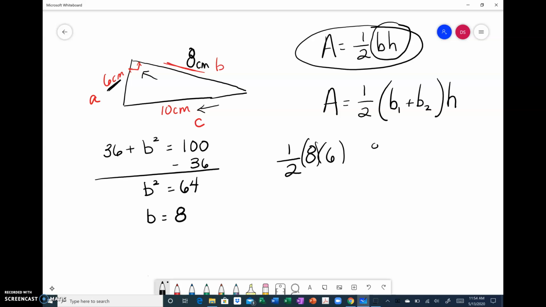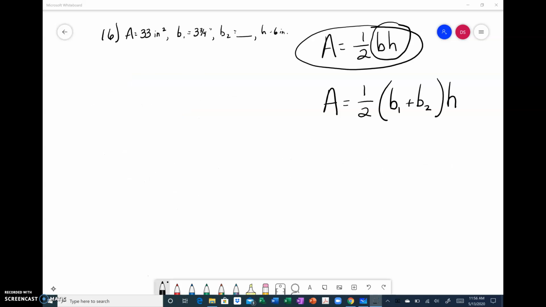I can put 8 times 6 over 2, okay? And then I would get 48 over 2, and then I would just divide by 2 and get 24. And that is the area of that triangle. But I do need units. It's centimeters squared.